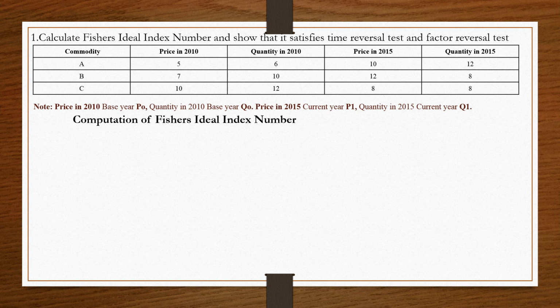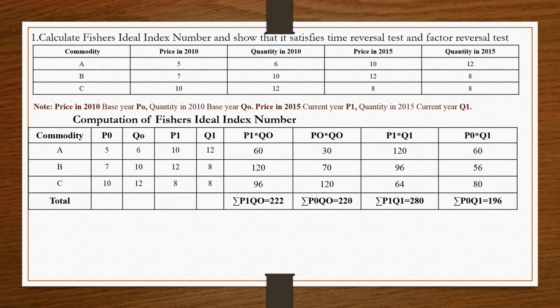P0 indicates price of base year and Q0 indicates quantity in base year. Then P1 indicates price in current year and Q1 indicates quantity in current year. Then computation of Fisher's ideal index number.